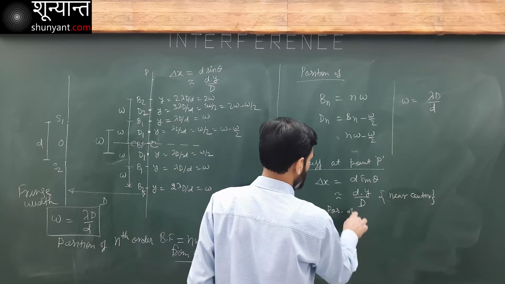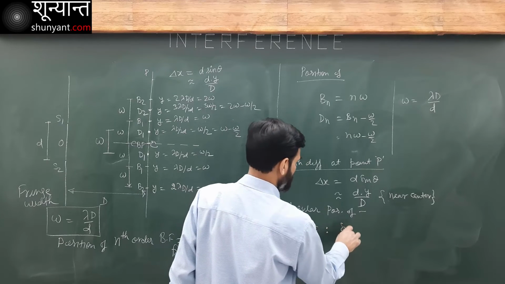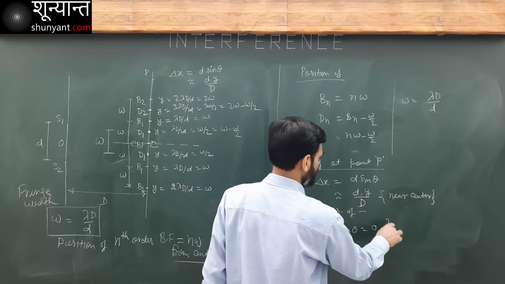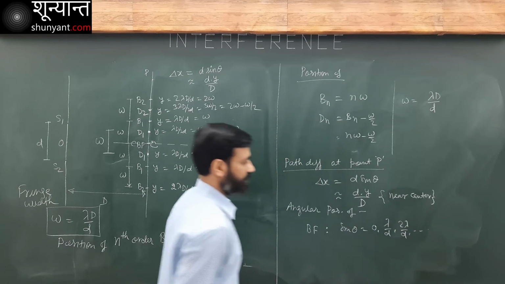Angular positions of bright fringes: sine theta is equal to 0, lambda over d, 2 lambda over d, like this.